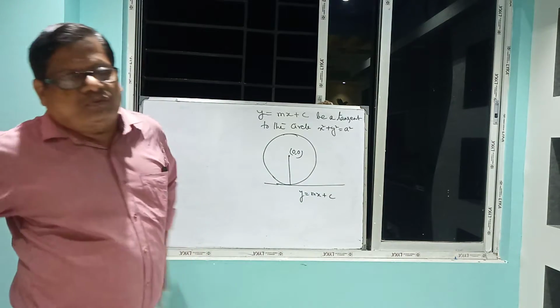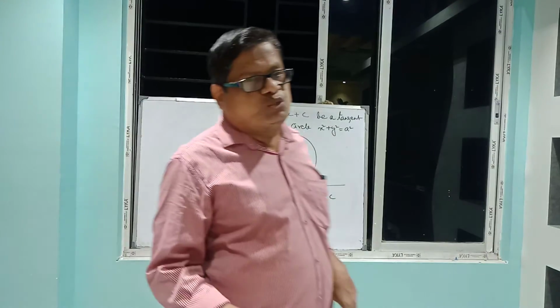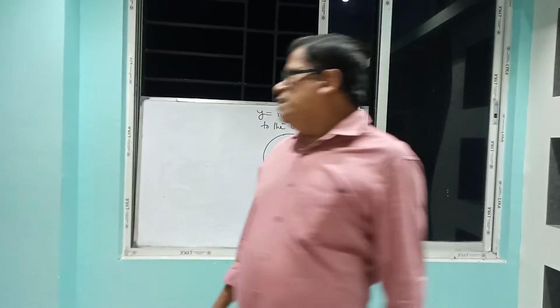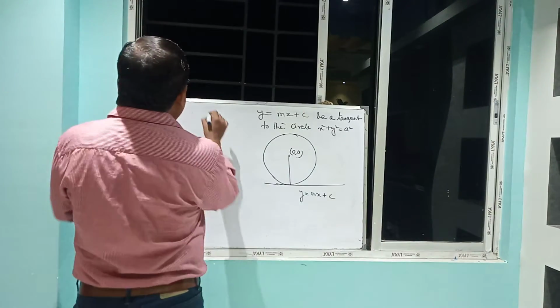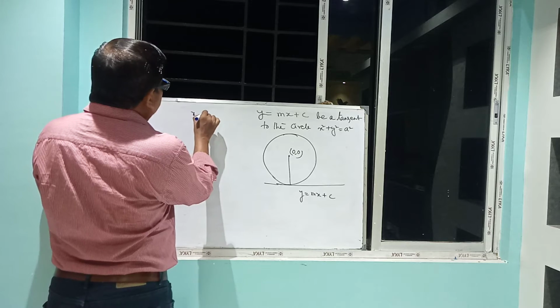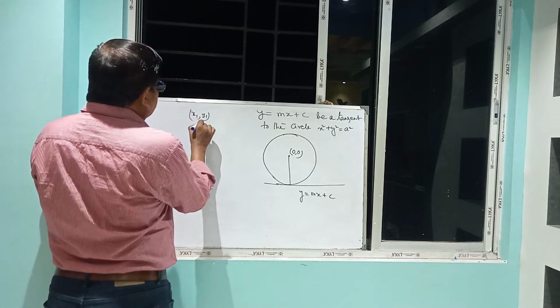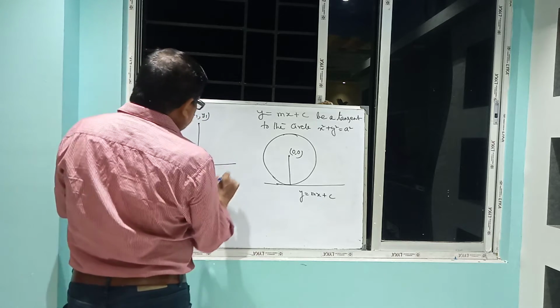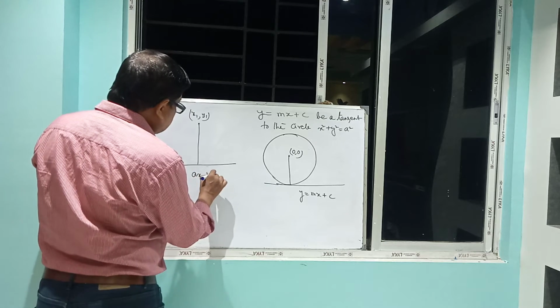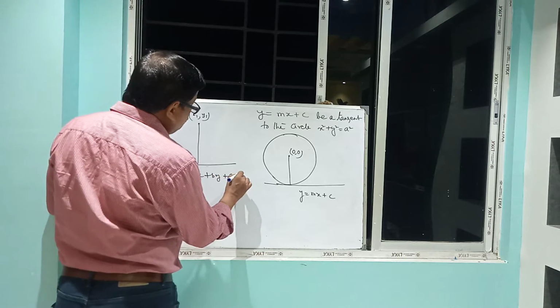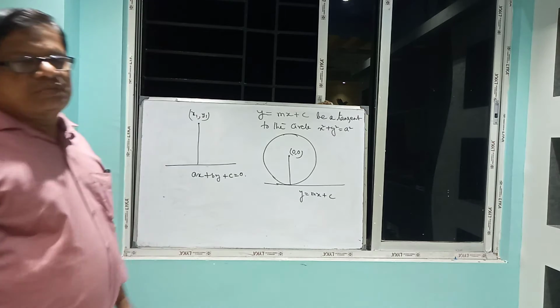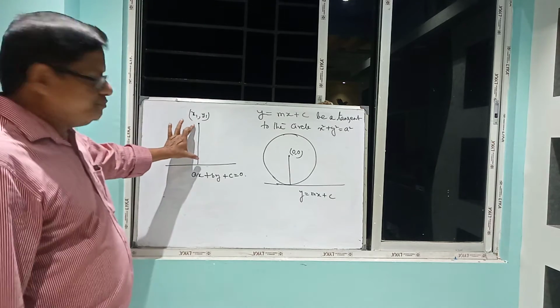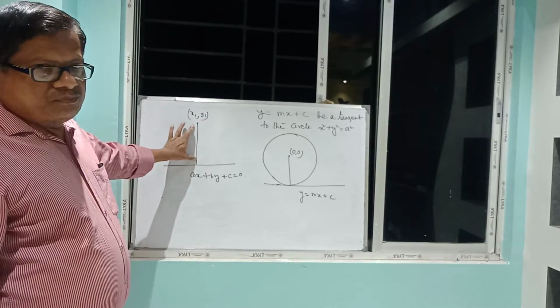All of you know, suppose one point is given, x1 y1. Here the straight line is, suppose, ax plus by plus c equal to 0. How to find that distance? There are two ways.